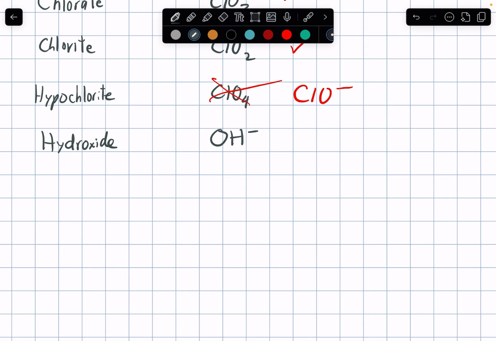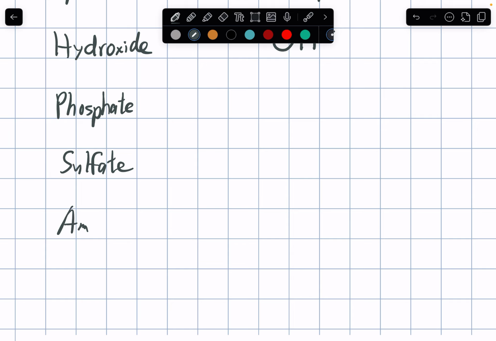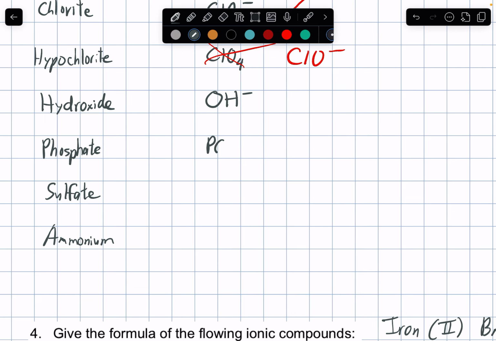So, nitrate, nitrite, we're done. Phosphate, sulfate, and ammonium. That's what you have left. Let's go with phosphate first. So PO, I think that's how you write it.